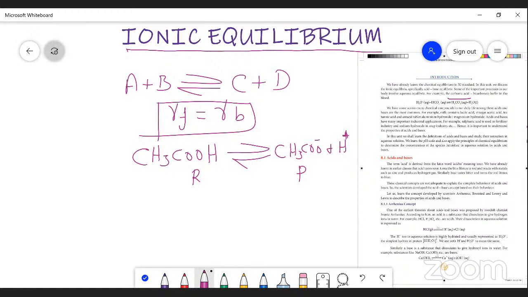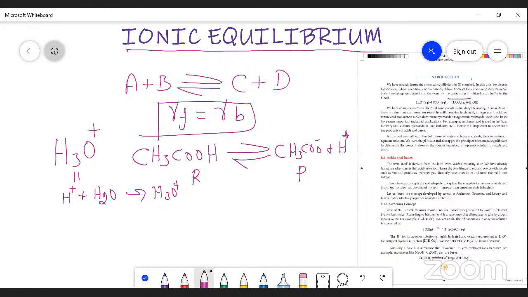See, H3O plus, what is called H3O plus? This is nothing but an H plus ion. H plus ion is very eager to form a hydrated form. When H plus ion reacts with water, it will give you H3O plus.